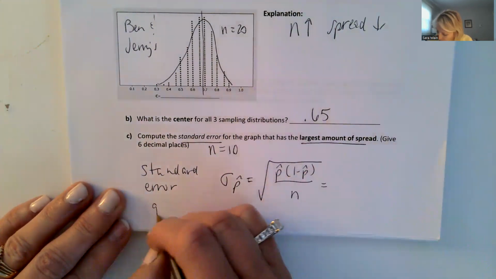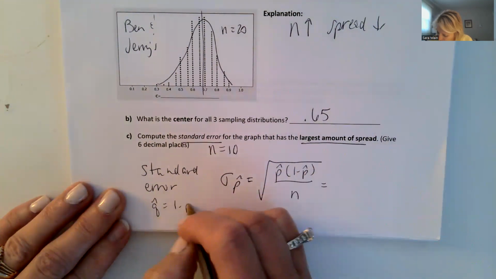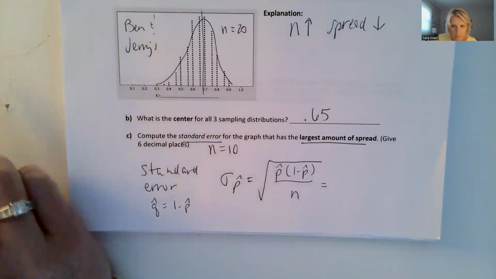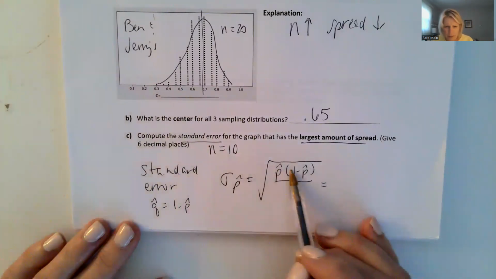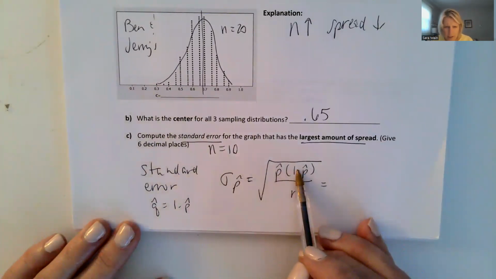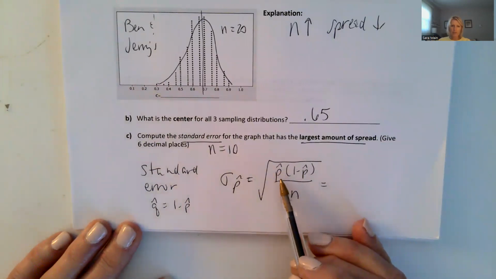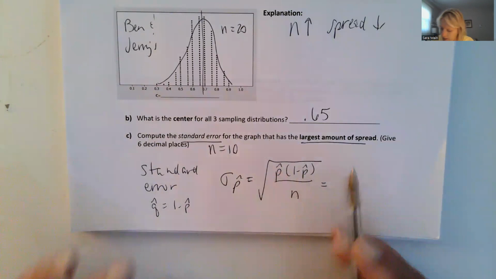Remember that q hat is also equal to 1 minus p hat. I updated this formula; I think I had just P and Q in the notes, so if you go back to the link, it should say p hat and 1 minus p hat.